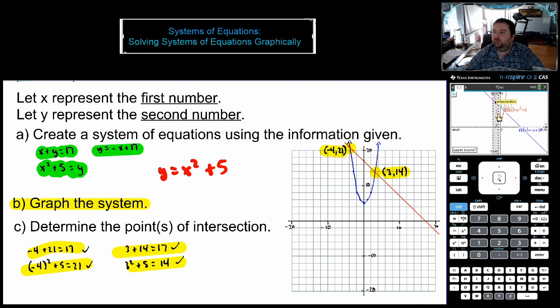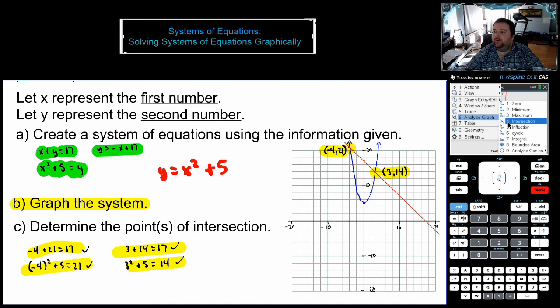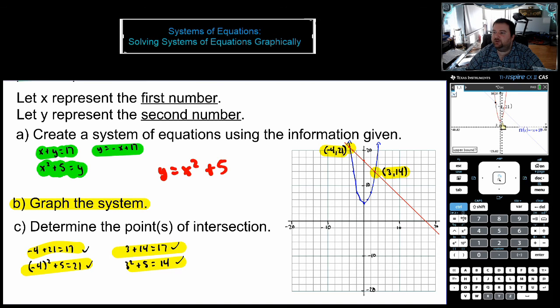Let's do the first one first. It's negative 4 and 21, which is what we found when we did it by hand. Now let's find the second intersection, before and after the point, and we can see 3 and 14. We found them both.